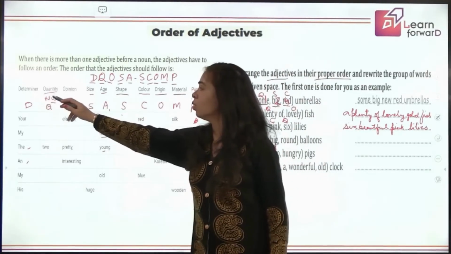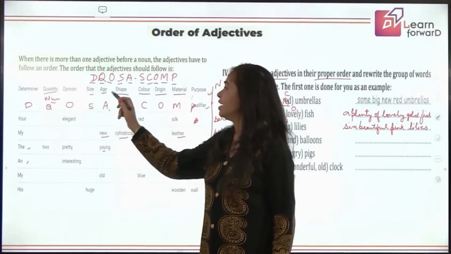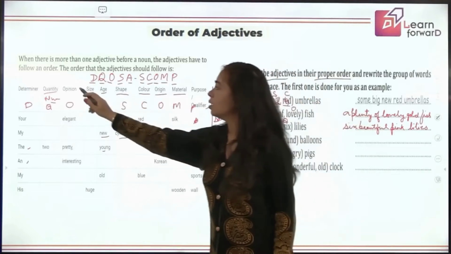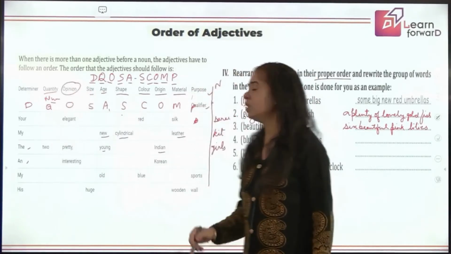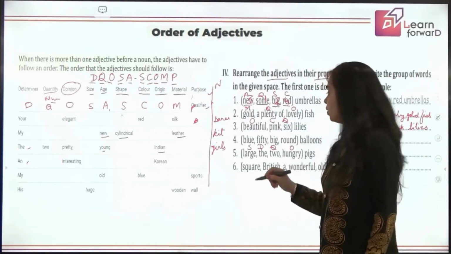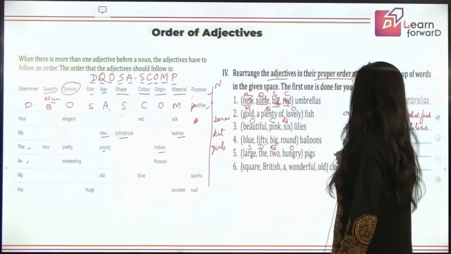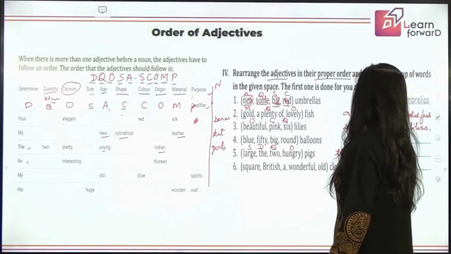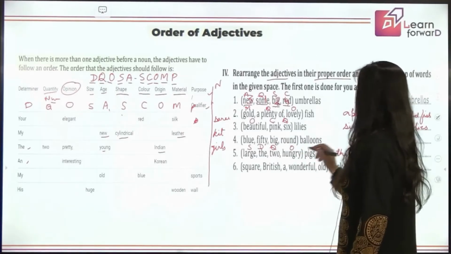It is not the quantity. It is not the size, age, shape, color, origin, material, purpose. None of these. This comes only in the category of opinion. So, hungry is opinion. Now, let's try to arrange. D determiner will come first. The Q will come then. The O opinion will come.